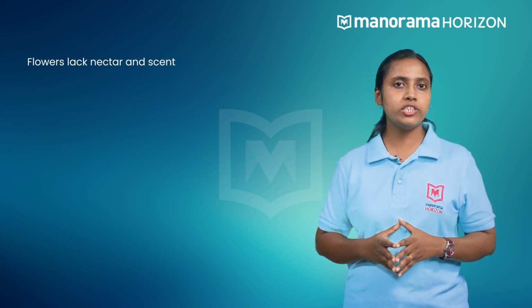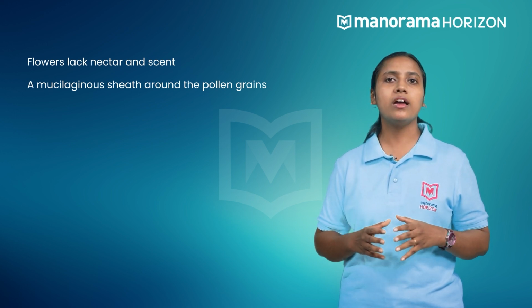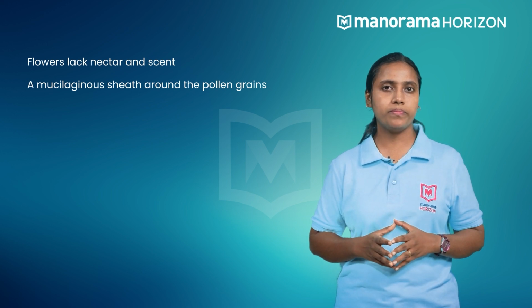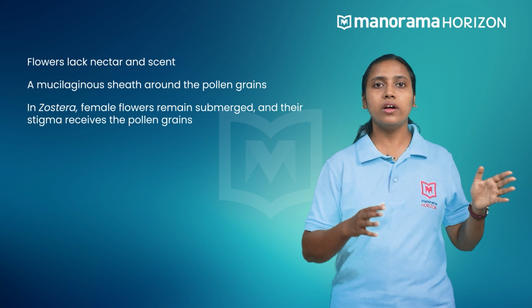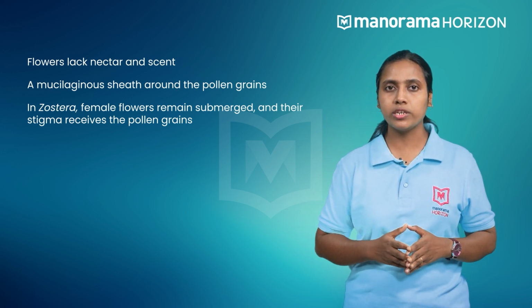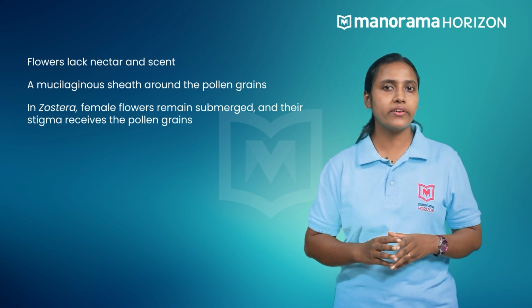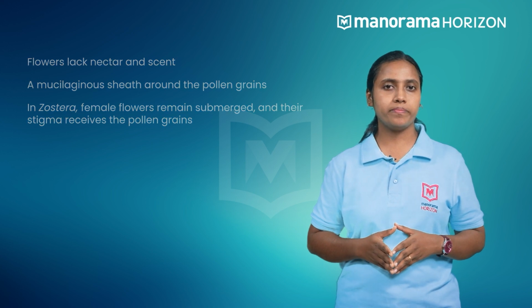Another adaptive feature of these plants is the presence of a mucilaginous sheet around the pollen grains to protect them from the water. The female flowers of sea grasses such as Zostera remain submerged in the water and their stigma receives the long ribbon-like pollen grains released from the male flower inside the water.